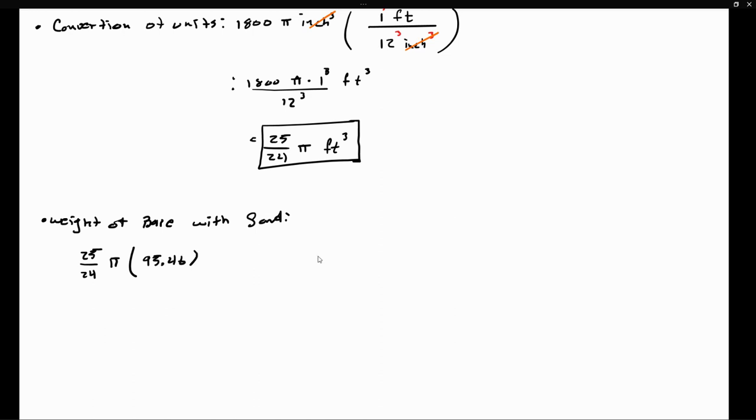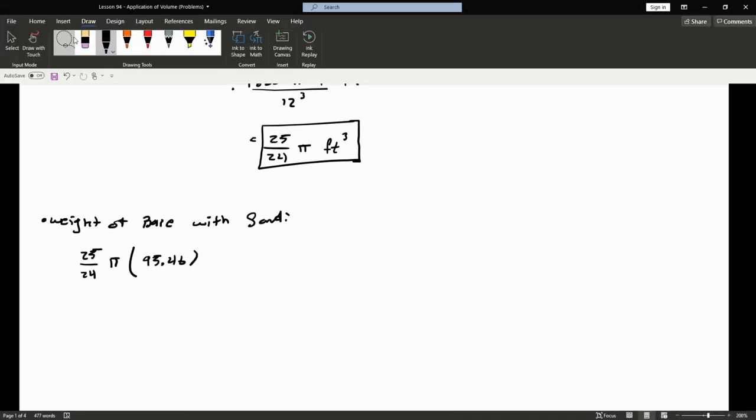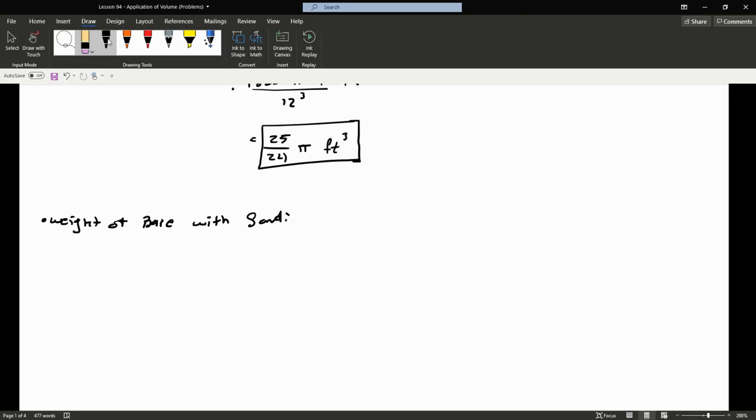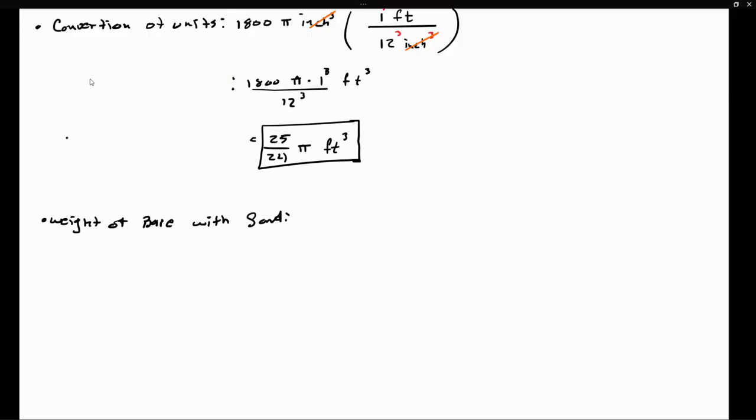And I think I'm just leaving the units out, which is something that you definitely don't want to do. So let me just fix myself. So I know, and again, we need to write down the units, that the volume of the base is equivalent to 25 over 24 pi cubic foot.